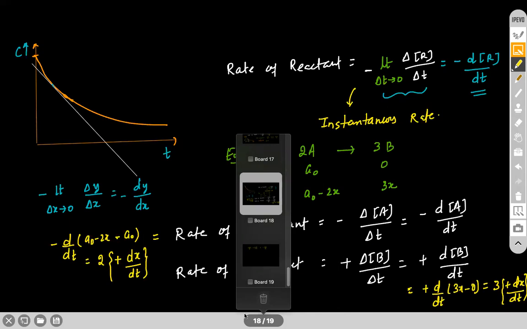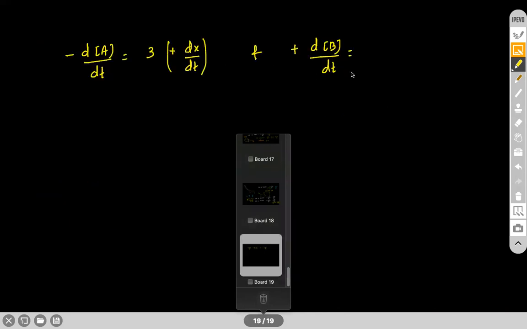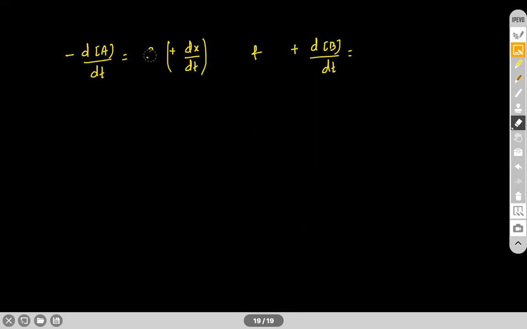Here we have 2, here we have 3, so I'll make a change here.